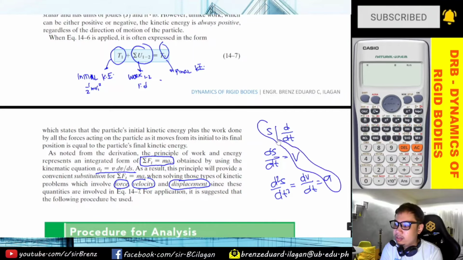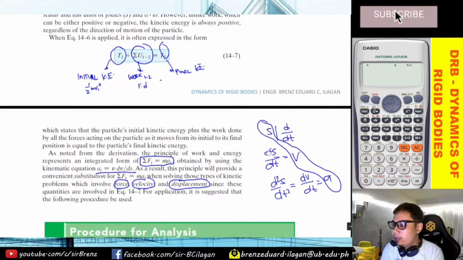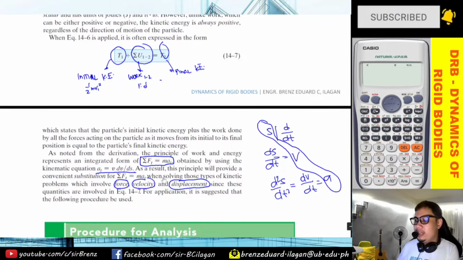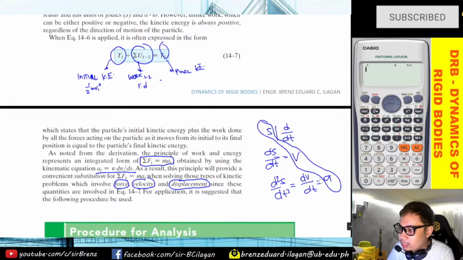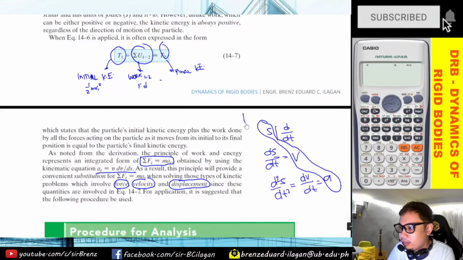And so ito yung relationship sa involvement nitong tatlo: force, velocity, and displacement, and acceleration. Si acceleration nga, under sa kinetics of particle. Dito naman, under work and energy, force, displacement, tsaka velocity ngayon.